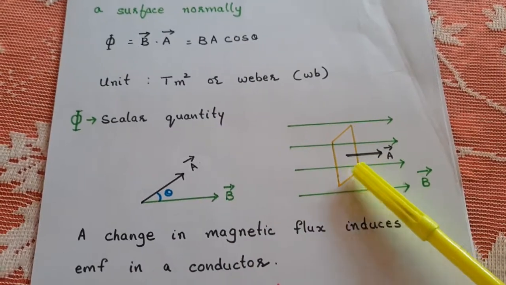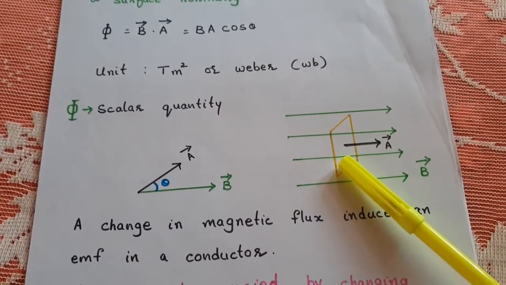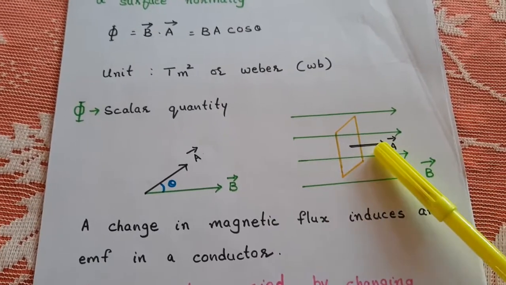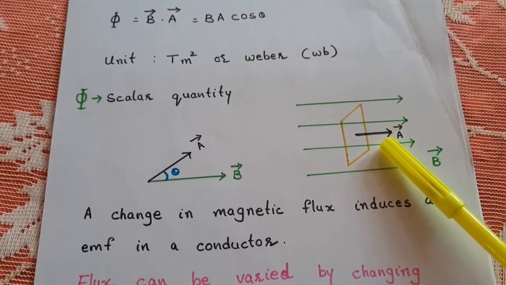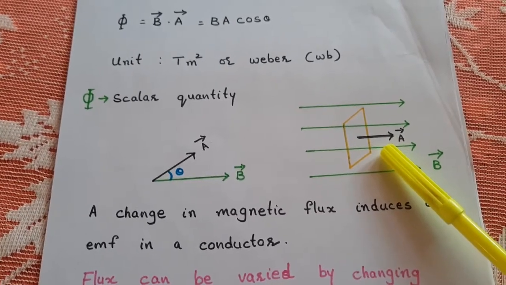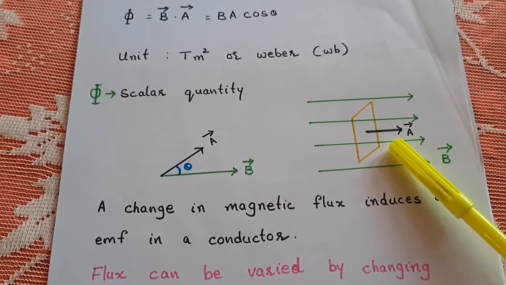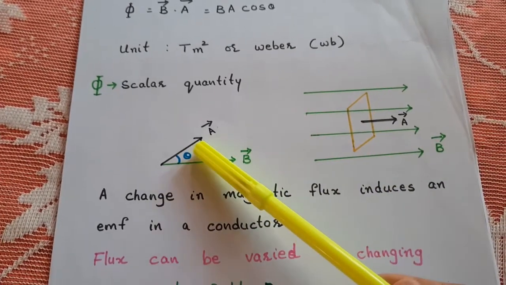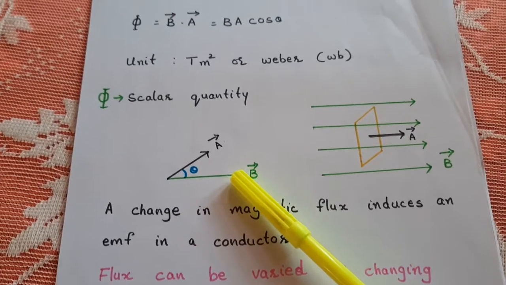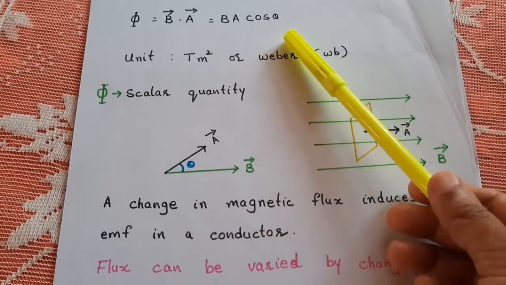The area vector is normal to a surface. So in this case, B and A, both vectors are in the same direction, or theta is 0, so the flux is maximum. If the area vector makes an angle theta with a magnetic field, then the flux is given by BA cos theta.